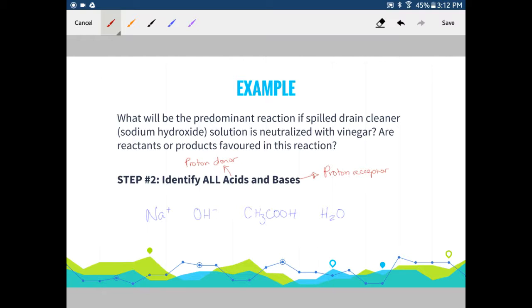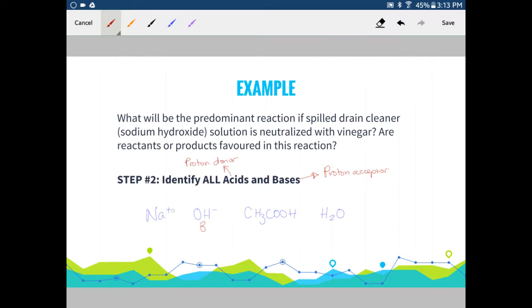So essentially, I look at this and I say that we can have a proton acceptor here, and so that means that this will be a base. Now, I also know hydroxide ions are basic, so that's why I started there. When I look at sodium ions, I look and I say to myself, can it accept a proton?